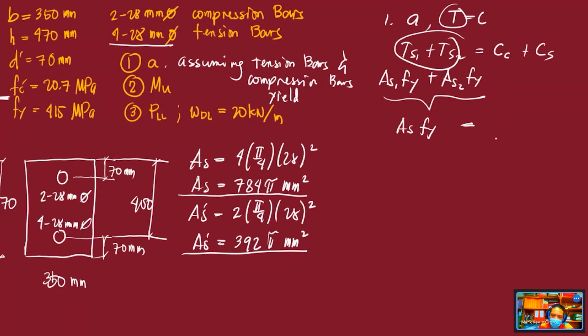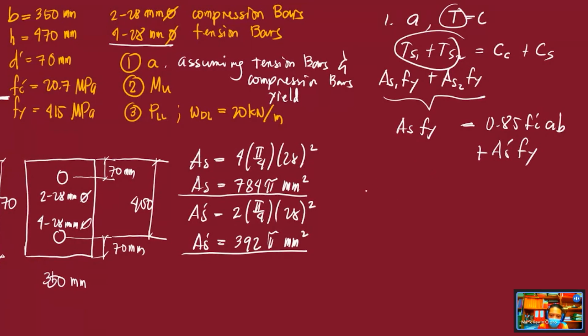What's your Cc? Cc is 0.85 fc prime a b, plus your Cs, that is AS prime multiplied by Fy. We are assuming they both yielded. Everything is given.